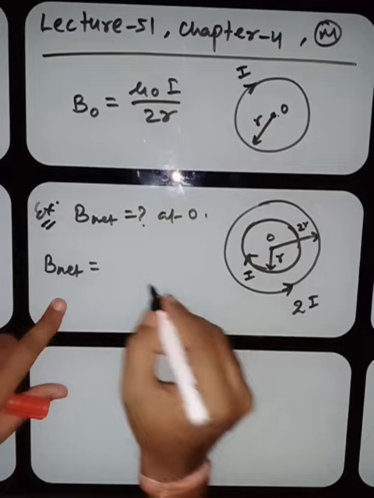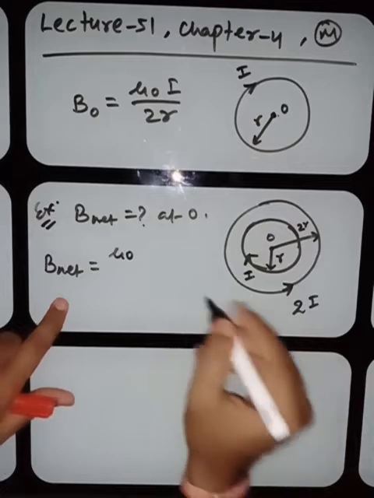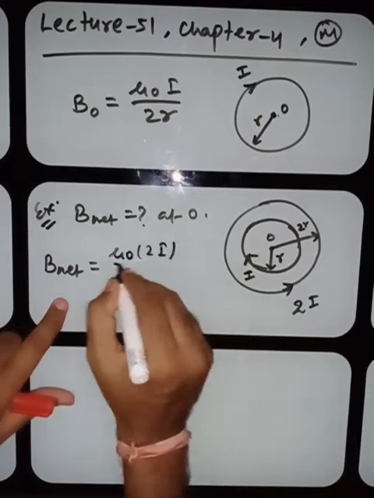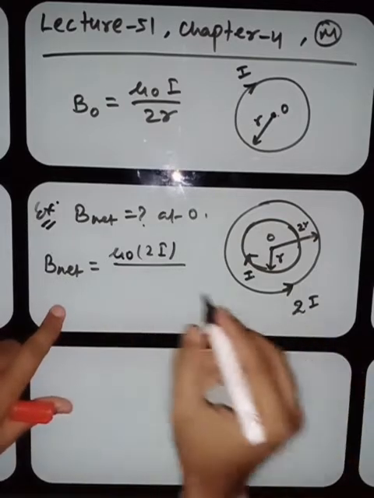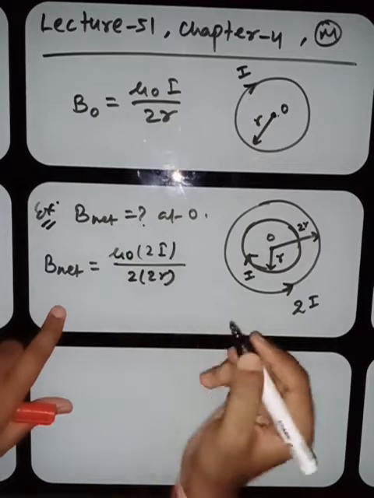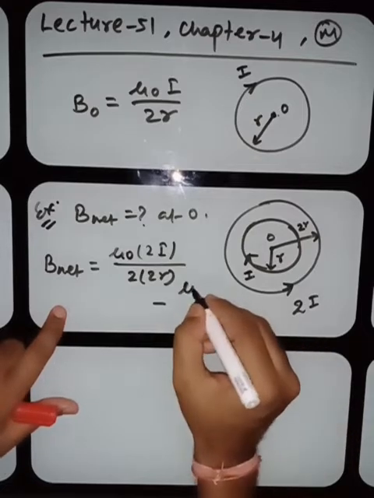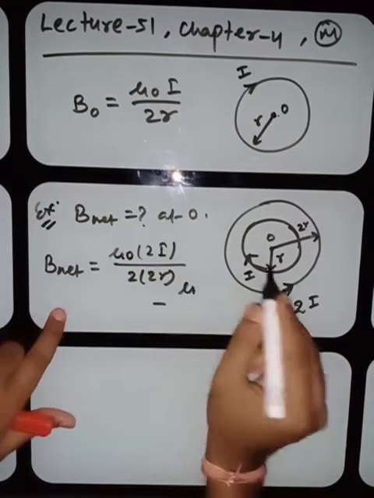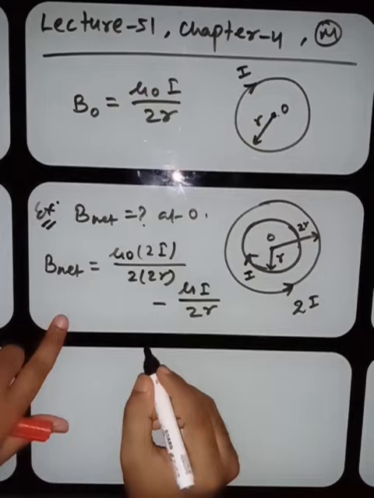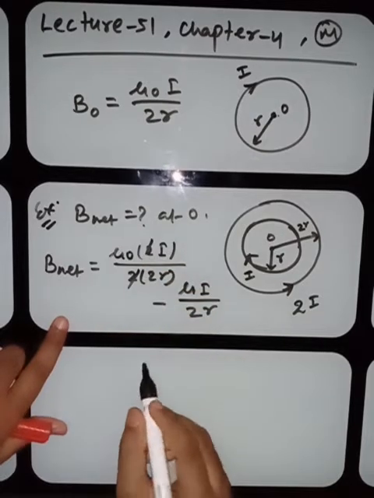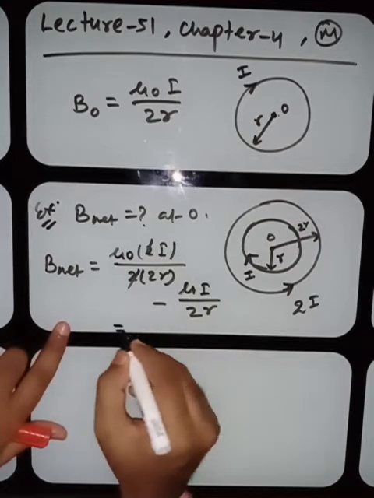For the upward, I am writing mu naught into 2I divided by 2 times 2r, minus the magnetic field due to the smaller one, mu naught I by 2r, radius still r. This 2 will be cancelled out. You can see it is mu naught I by 2r and mu naught I by 2r. Altogether the magnetic field is 0.